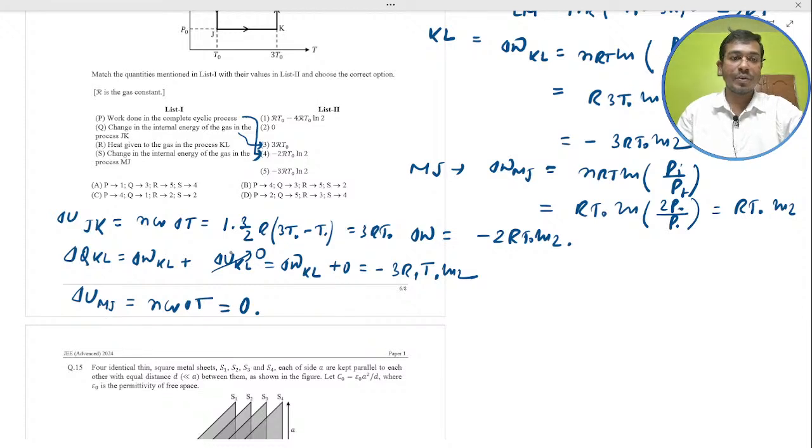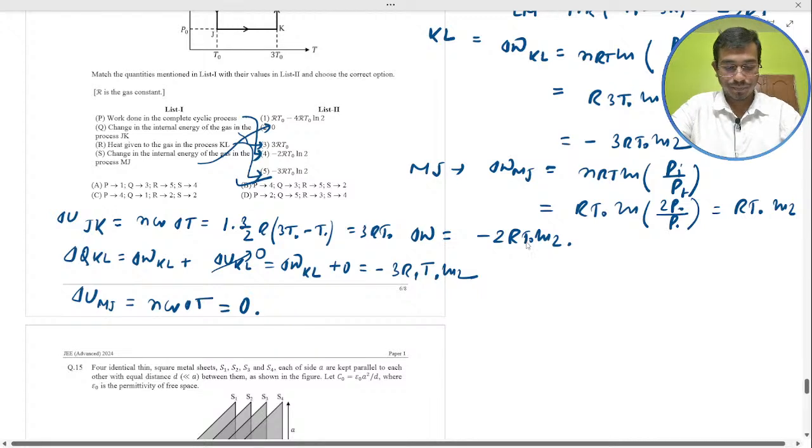Heat gain by the gas in the process KL: minus 2 R T naught ln 2. And the change in the internal energy of the gas in the process MJ is obviously 0. Okay, so option B is correct.